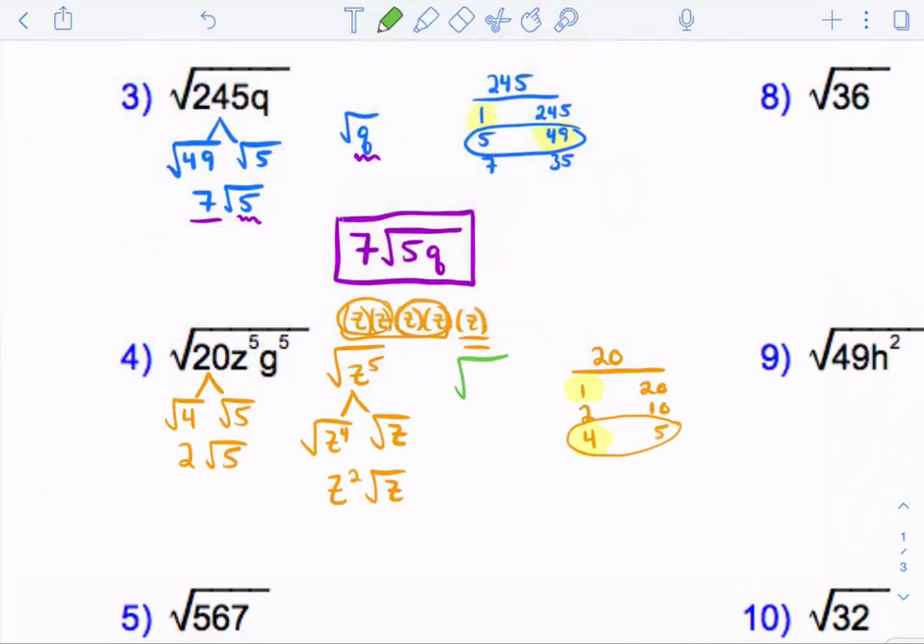And then the same thing happens with g to the 5th. I had to change color so it doesn't get confusing. So again, 1, 2, 3, 4, 5. So here's 1 pair and 2 pairs, so that's a total of 4 and 1 alone. So it worked the same way as the z.